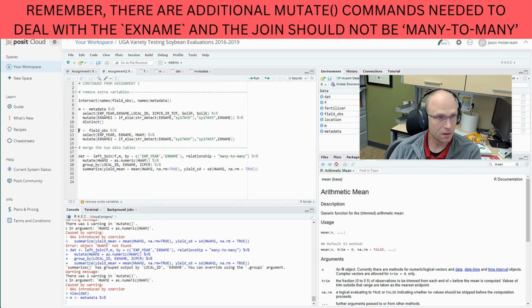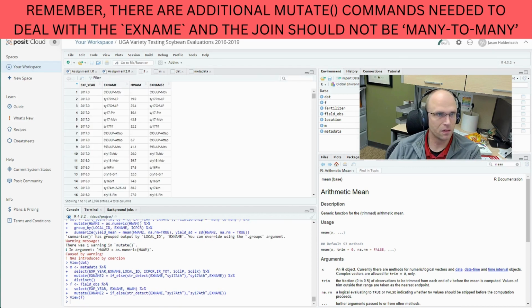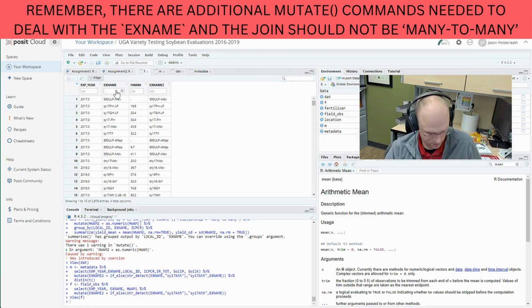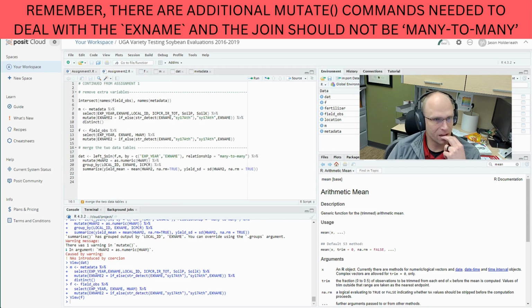Let's see. Filter SY17ATH. Those are all still there. Oh, duh. I need to do it by experiment name. So that I want to group by EX name 2.